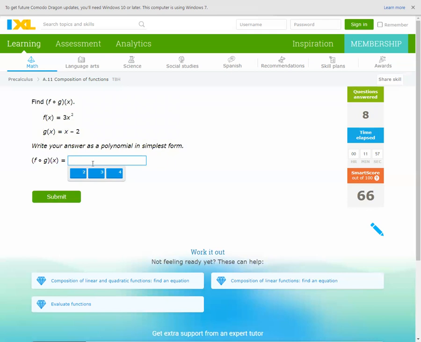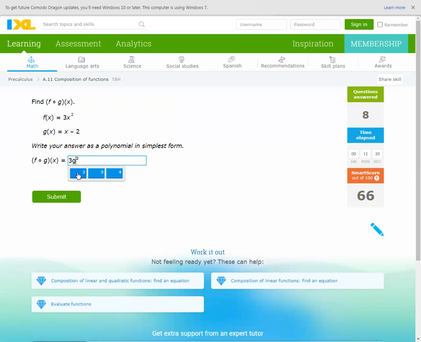Problem number 9. Also, it's f circle g. Okay, first, writing the function f, the rule of function f, it's 3x power 2, right? Then, second step, put g instead of x.